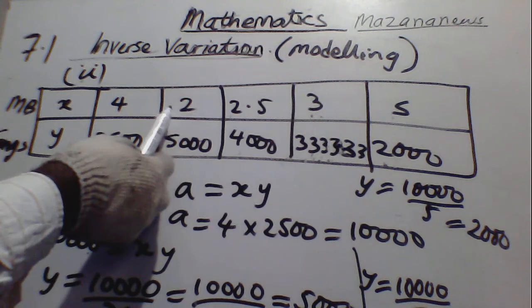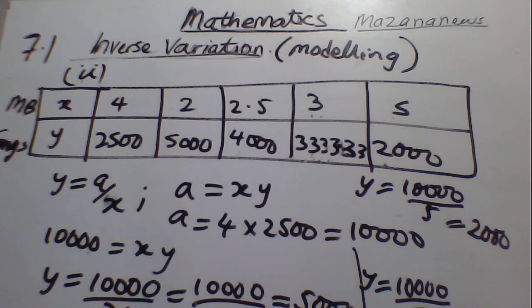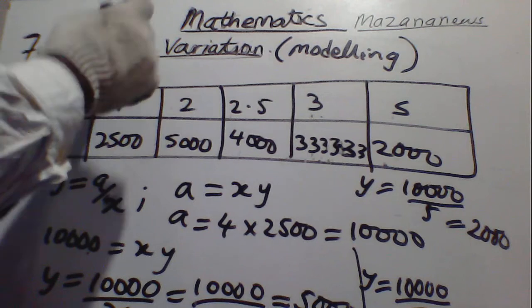When we have 2 megabytes, it is 5,000. So what do you observe? It is increasing. When the average size of the song is decreasing, the number of songs that can be stored is increasing.